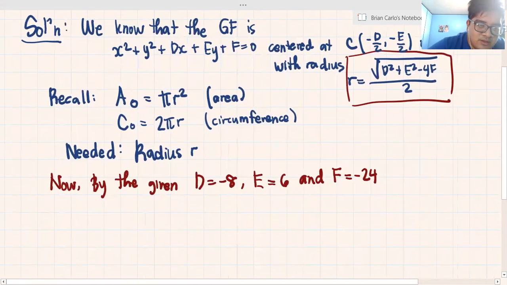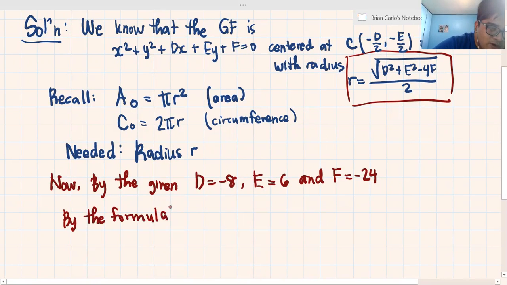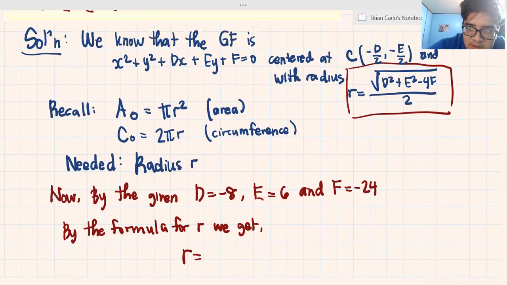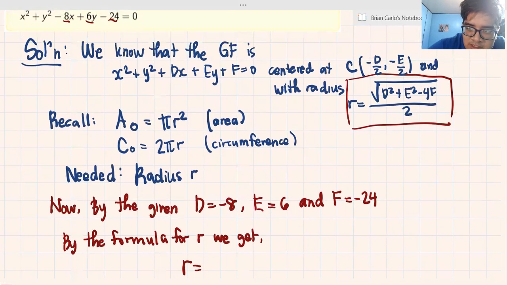Now, by the formula for r, we get r is equal to the square root of d squared plus e squared minus 4f all over 2.